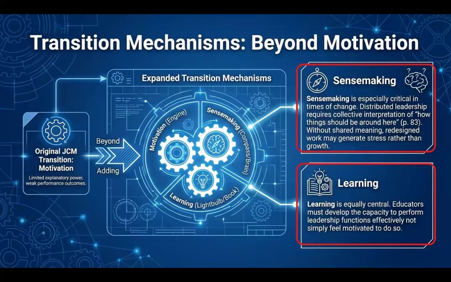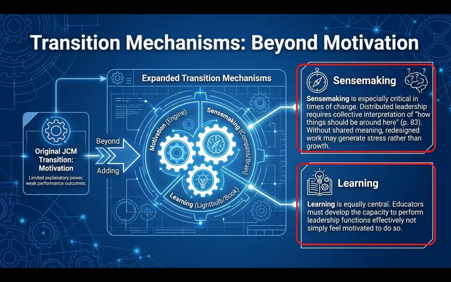One major contribution he made to the article is expanding the JCM model beyond motivation. He argues that motivation has limited explanatory power, so he added sense making and learning.